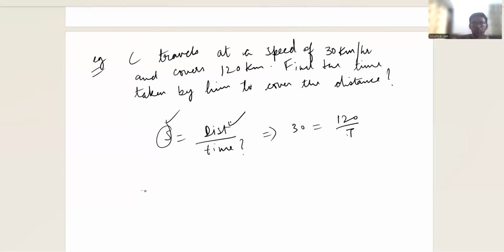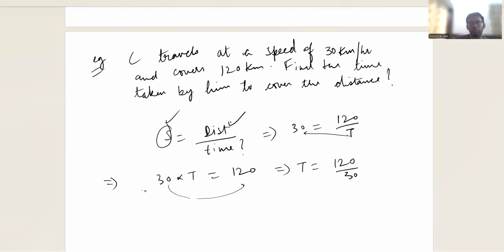How do we solve this? This goes here. So 30 into t is equal to 120. And then we bring 30 below into the denominator. So t is equal to 120 by 30, which is equal to 4 hours.